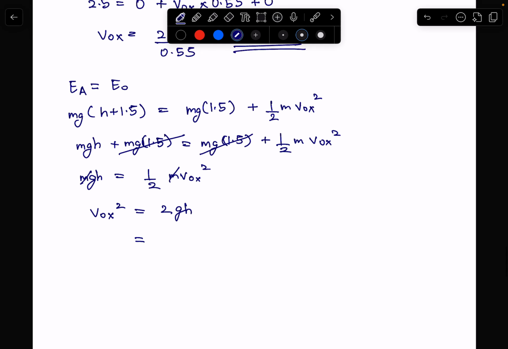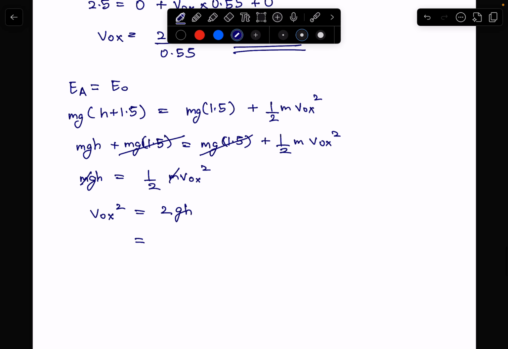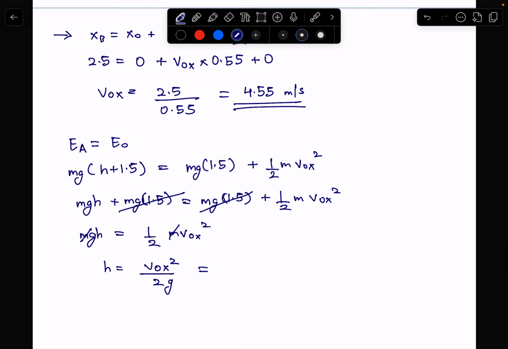Now we know the value of, actually, let me not do that. Vox squared by 2. If you divide by g on both sides, you get that. And h is 4.55 squared divided by 2 divided by 9.81.